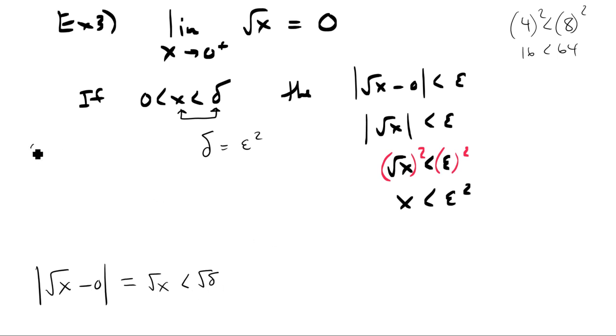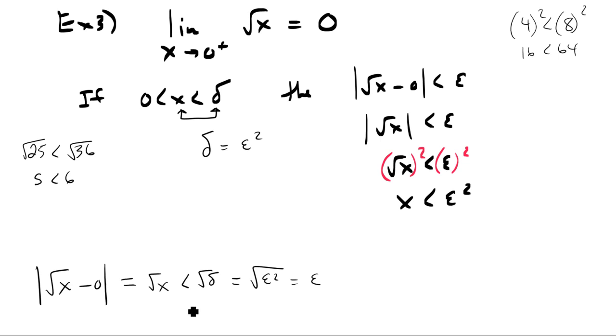If I have 25 is greater than 36, if I square those, does the inequality hold? Absolutely. We took the square root of each one, and that still held. Then we have the square root of epsilon squared, which is still epsilon.